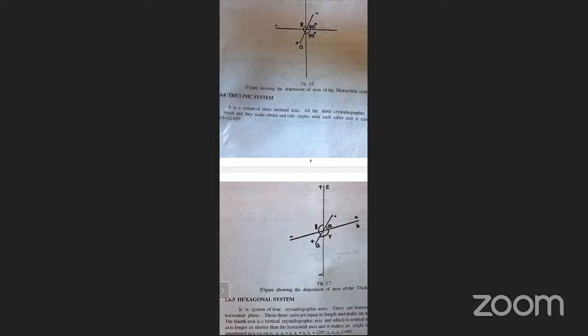But when you see the angles here, we call them alpha, beta, gamma angles.